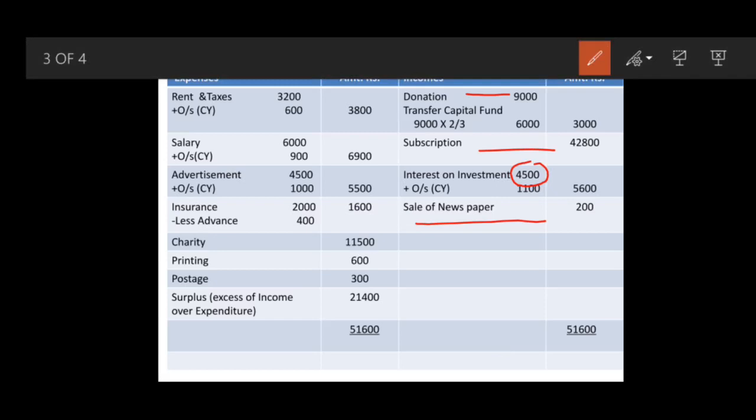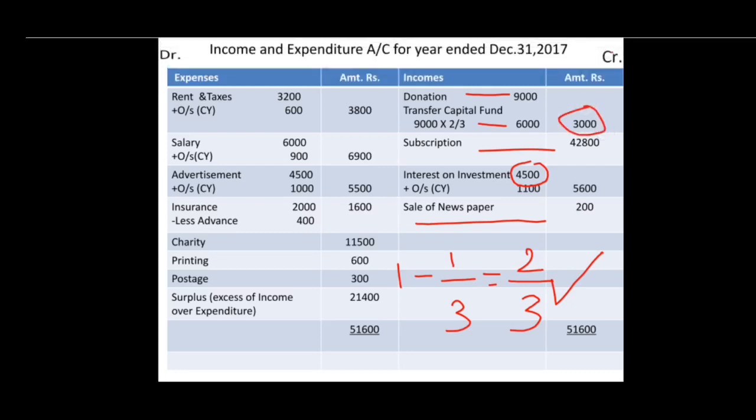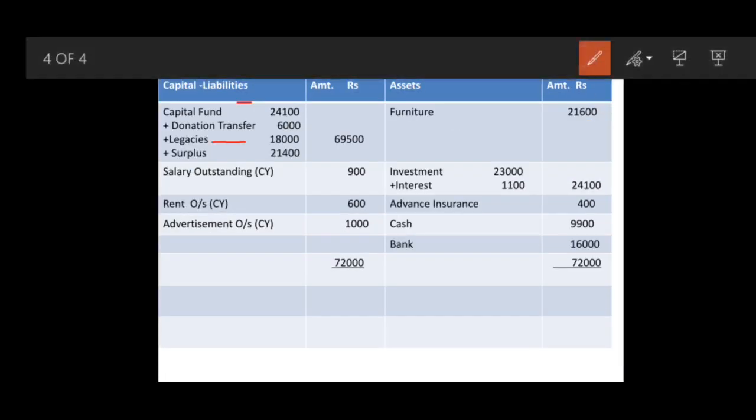So 1 minus 1/3, what is the left amount? 1 minus 1/3 gives you 2/3. So now this 2/3 will be transferred to the capital fund. So this way 9,000 multiplied by 2/3 is equal to 6,000 will be transferred to capital fund, and the rest 1/3 is over here as 3,000.